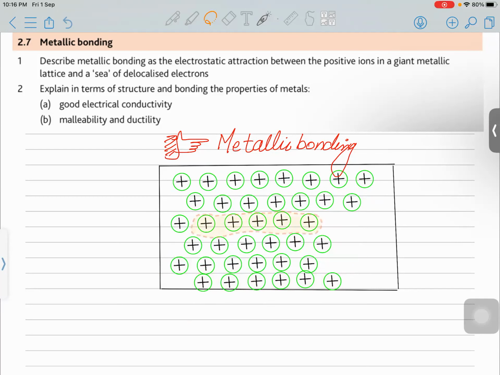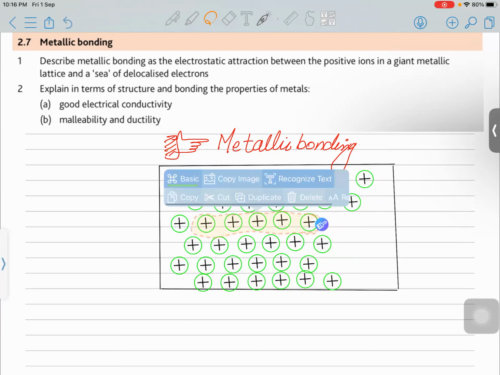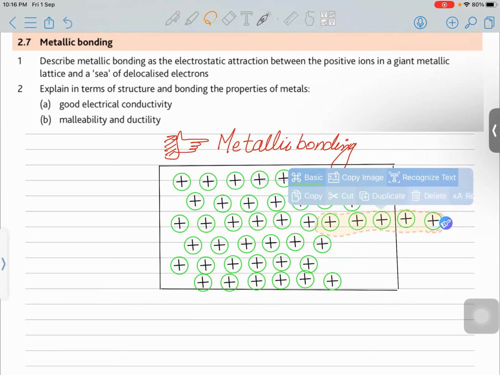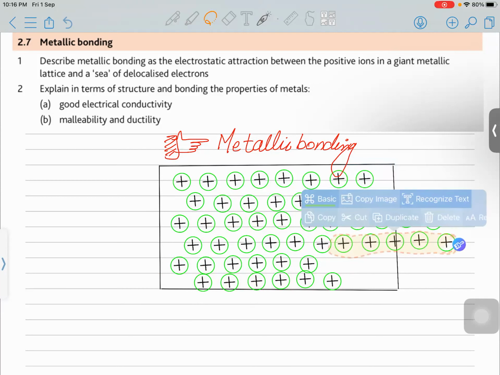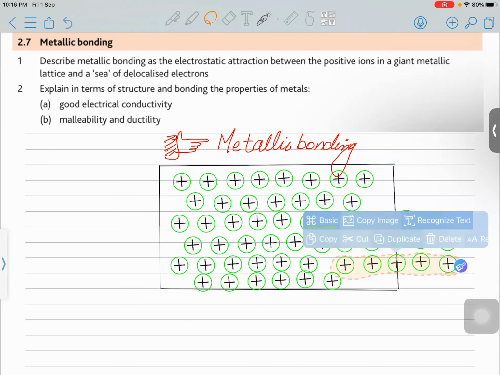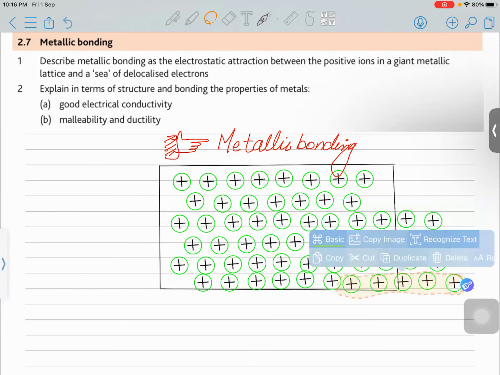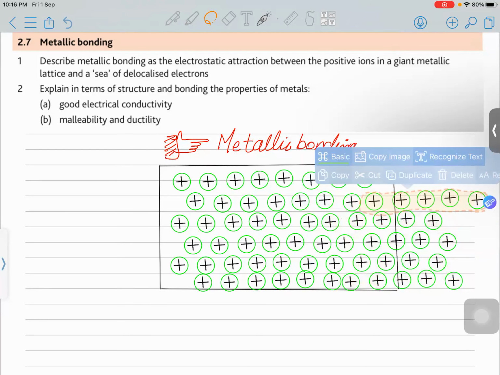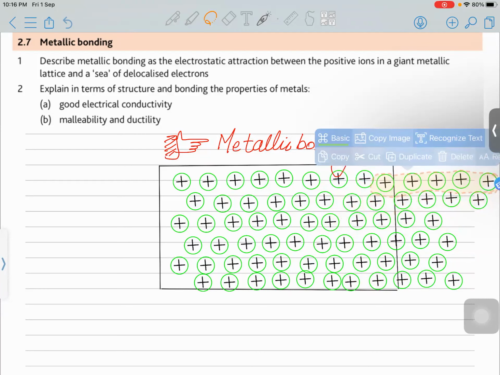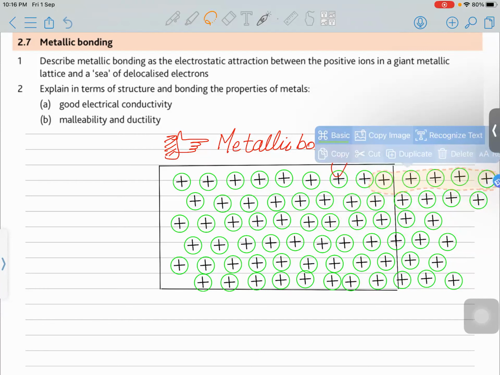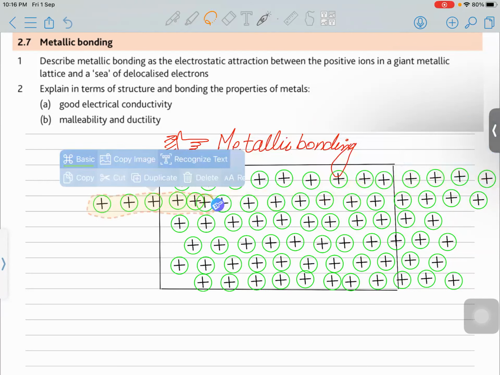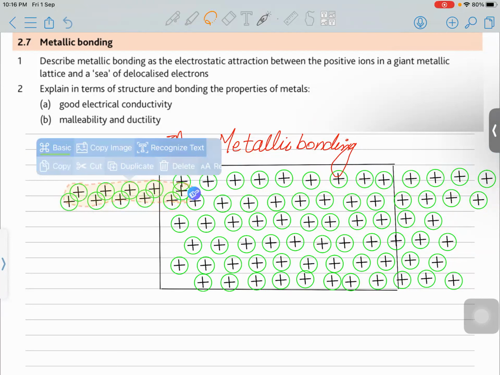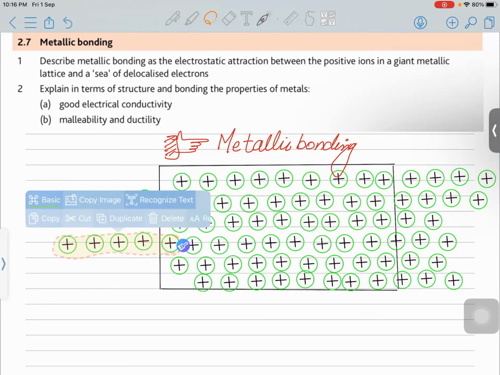All are positive ions, right? All are metal ions.